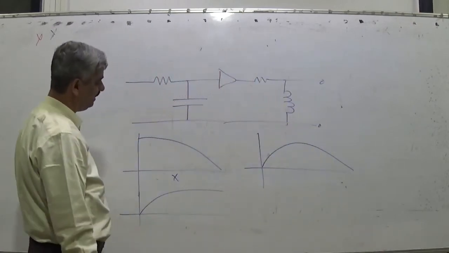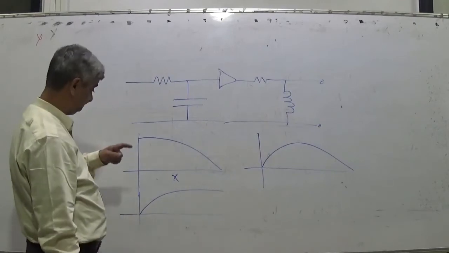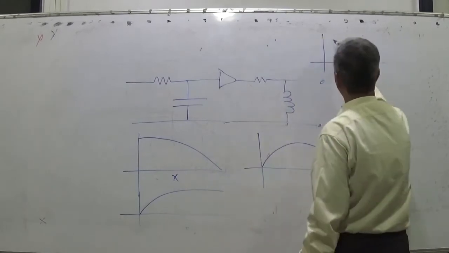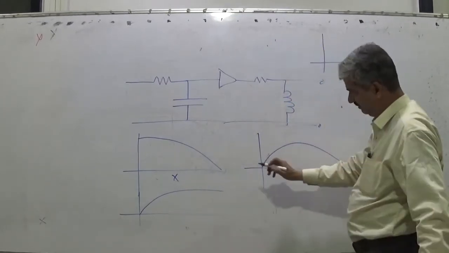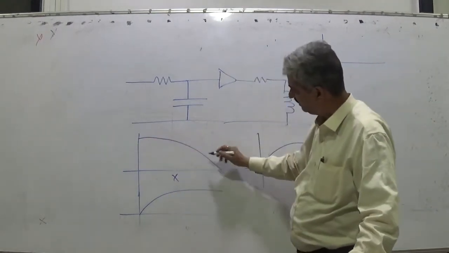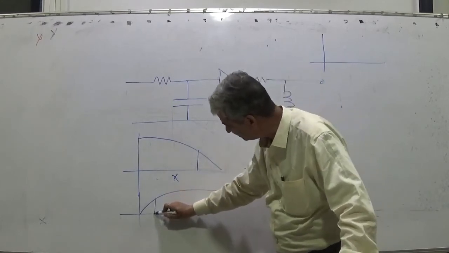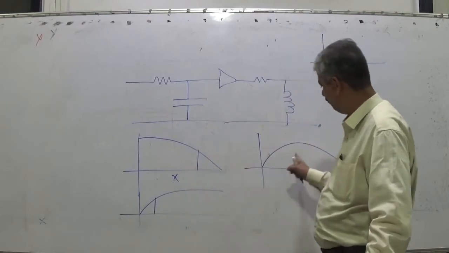And if we cascade, this is a low pass filter whose upper cutoff is this, and a high pass filter whose lower cutoff is this. So when we cascade these two, we get this.